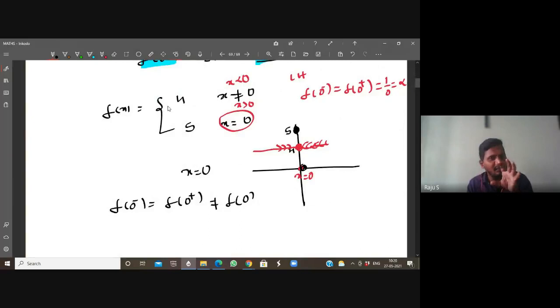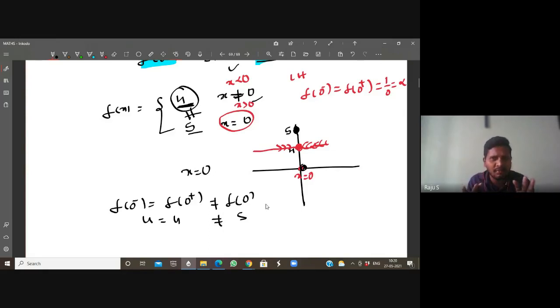Oscillation means the left hand limit and right hand limit are equal, but not equal to the function value at 0. For example, the left hand and right hand limits are 4 because not equal to 0 means either greater than or lesser than. But at equal to 0, it is 5. Both are again not the same. This 4 is equal to 4, but should not equal 5. This is oscillation.